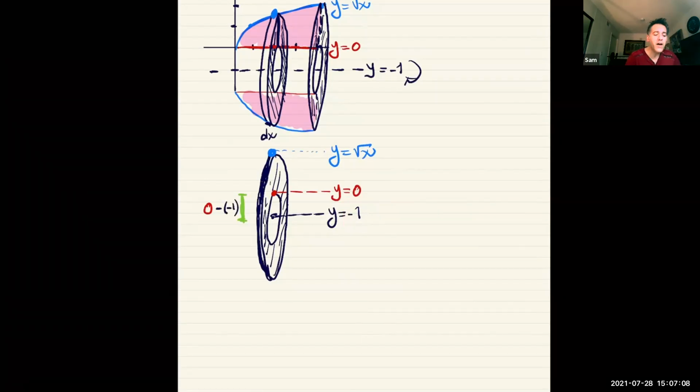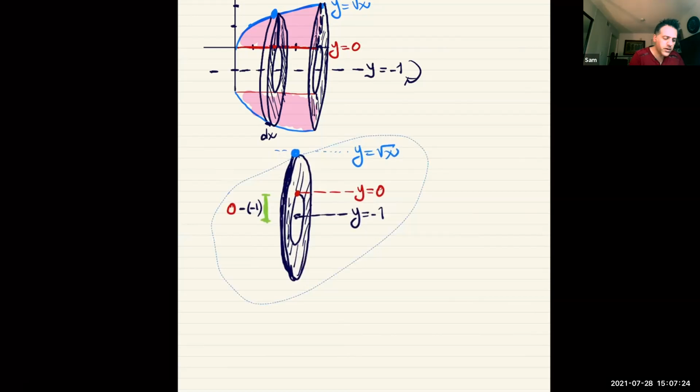The radius of this circle is obviously 1. 0 minus -1 is equal to 1.